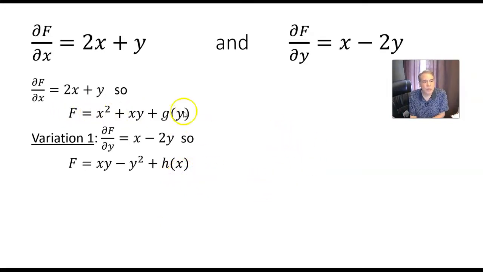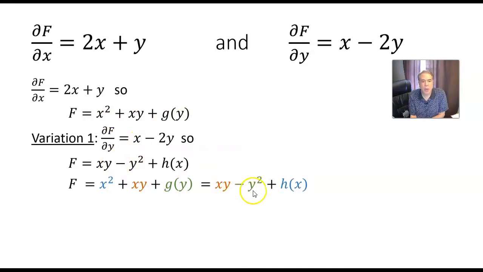So we've gotten two different expressions for this mystery function f. F is x squared plus xy plus something only involving y, but it's also xy minus y squared plus something involving x. So by comparing these, we should be able to get the complete picture. They both agree about what the part of the function is that involves both x and y should be.